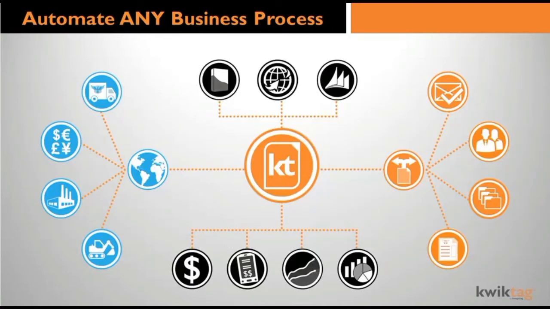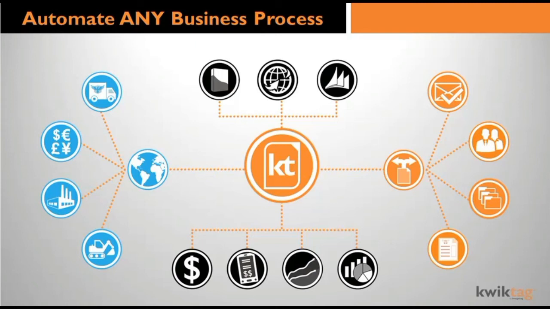So here are just a few examples of other areas of the business, other departments, that can be automated with Quicktag. A lot of times, as I mentioned, our clients start with AP automation and certainly expense management. HR forms is often the next scenario that comes into play. We also have customers who use it for contractor onboarding, legal contracts, and sales order automation.